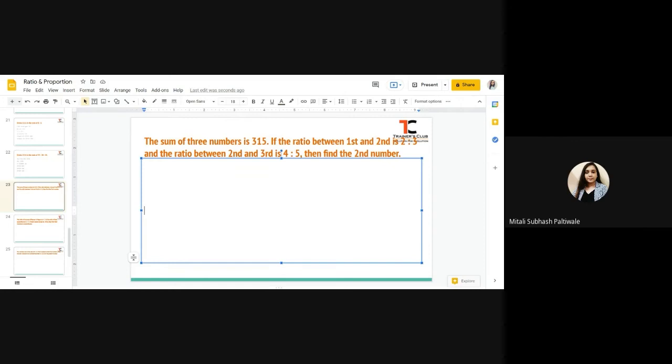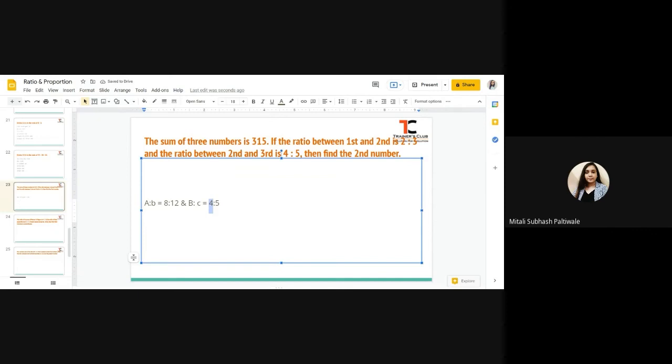Okay, so let's do one thing. A is to B is equal to 2 is to 3, and B is to C is equal to 4 is to 5. Now here, let's multiply this with 4. This will become 8 is to 12.